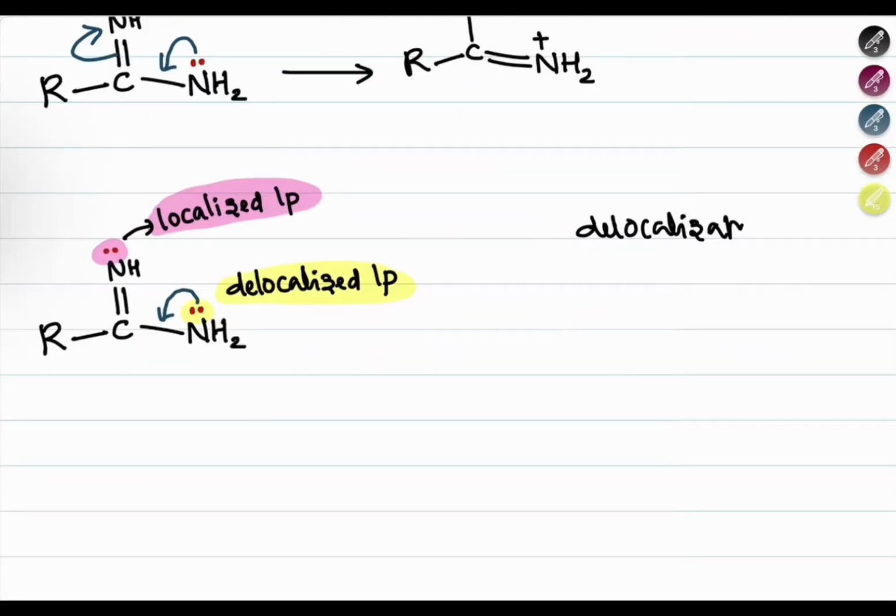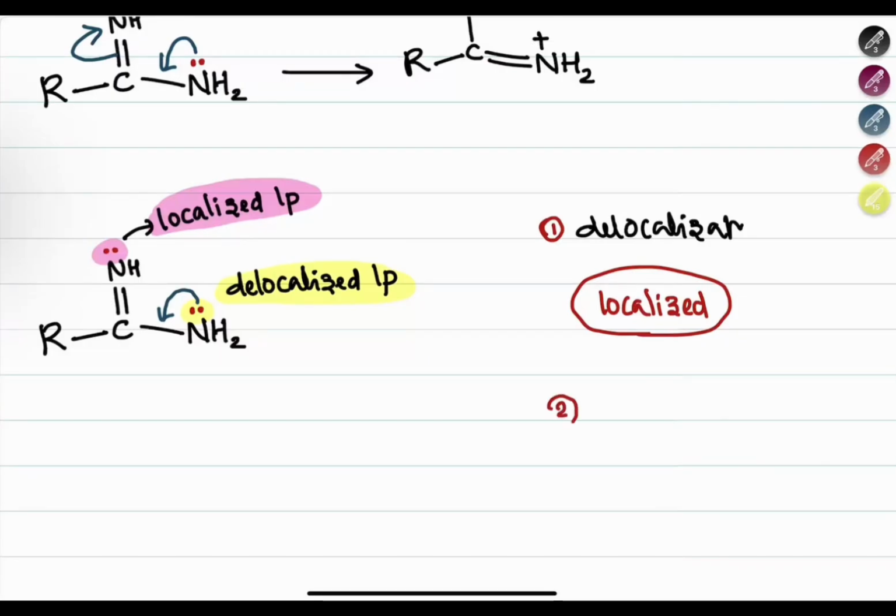So the first criterion we have to look at in a molecule while finding basicity is delocalization. If delocalization is present in our molecule, then the localized lone pair will have high basicity. Okay, this is the first criterion. The second criterion, only if all lone pairs are either delocalized or localized, is hybridization.